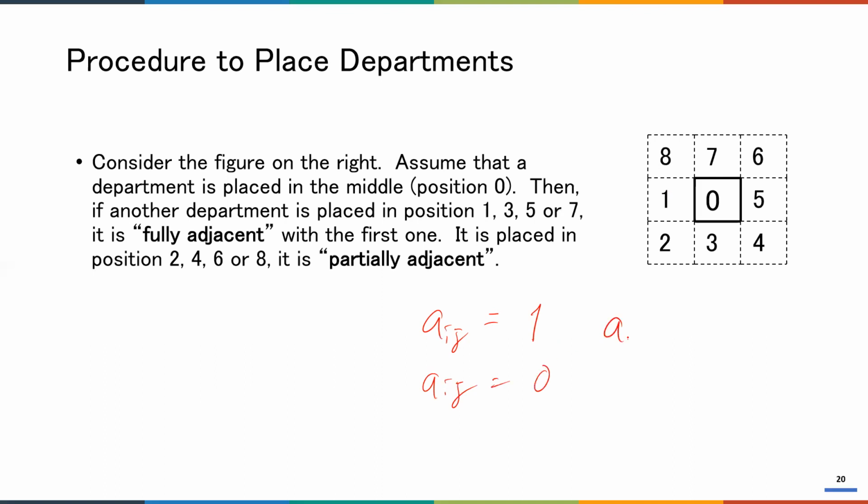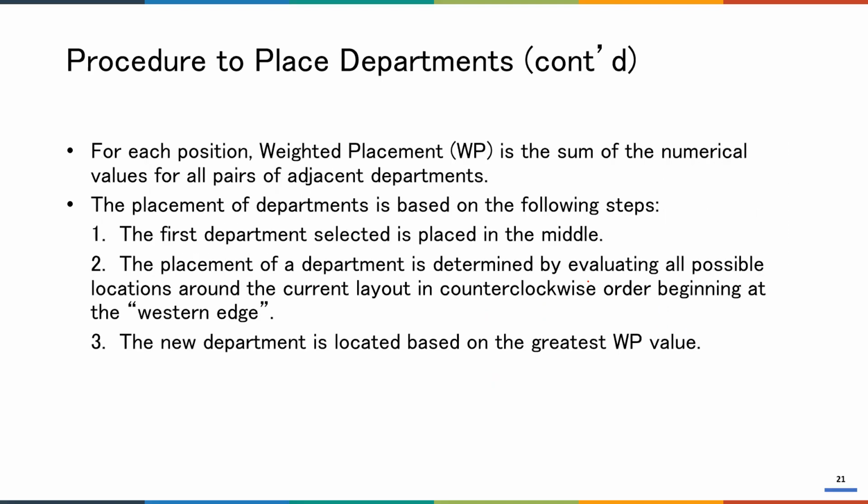If partially adjacent, we give alpha, right? So in this case, the adjacency status is used for the weighted placement: how we can place the department, in which location we should place it. So after we first choose the department based on the TCR, we put it in the middle, and after that we choose another department to be placed.